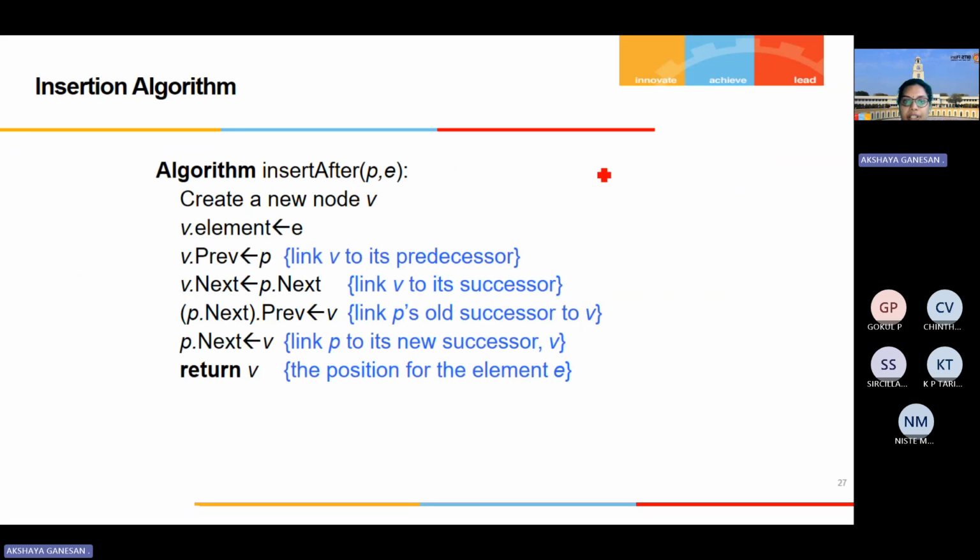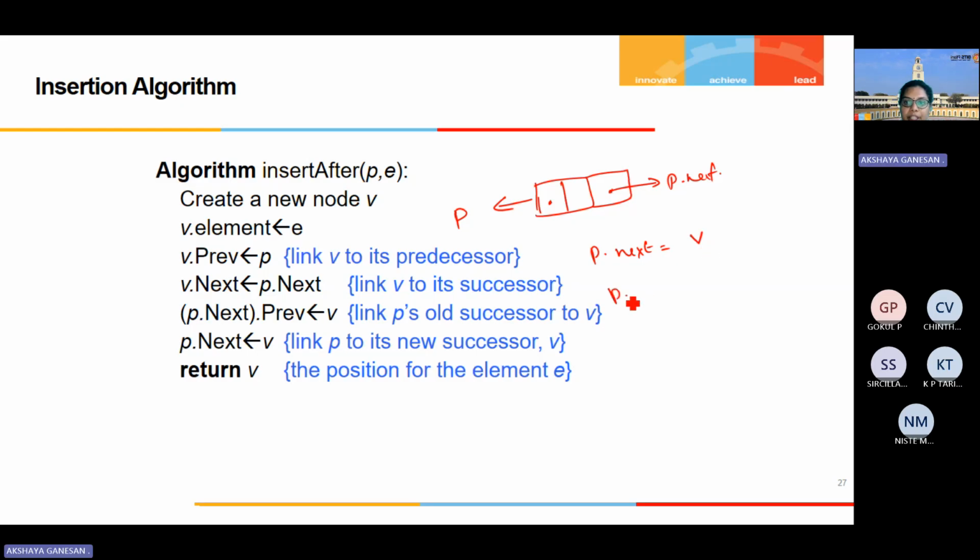So why do 4 pointers have to be replaced? I have a new node created. It will have this previous, right? So the new node's previous will have to point to the previous node. New node's next has to point to the next node, p dot next, right? So p dot next will have to be pointing to the new node v.